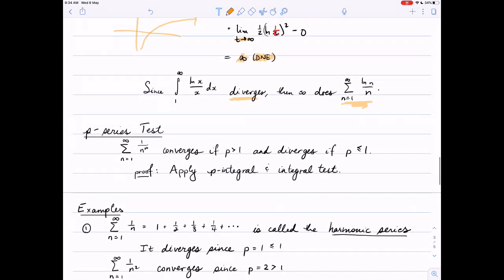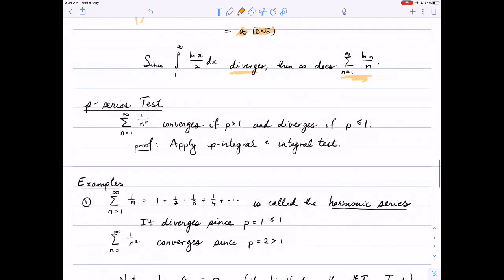So let's look here at a P series. The P series test is a quick one. It's a direct consequence of two things: the P integral that we looked at before and the integral test.